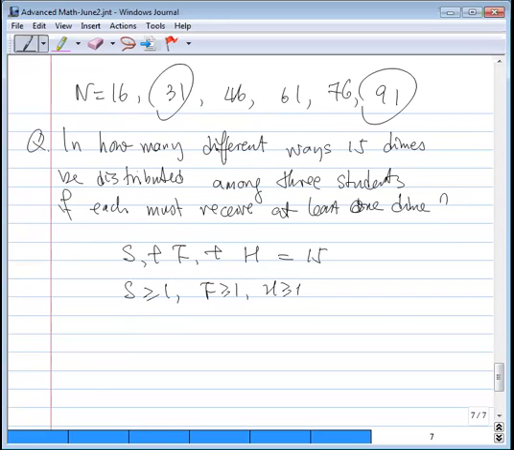Is it at least 1 or greater than 1? At least 1. So you write down the 3 conditions.